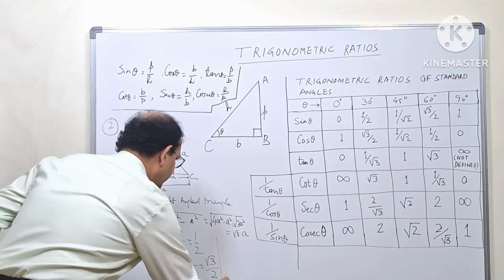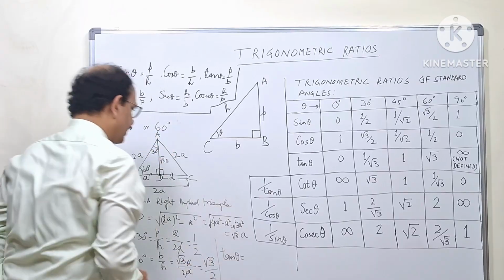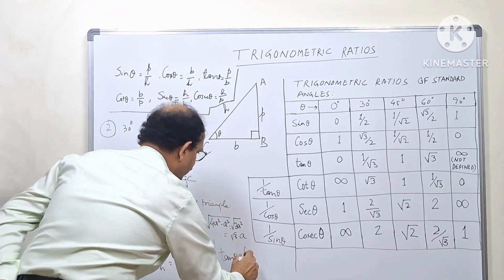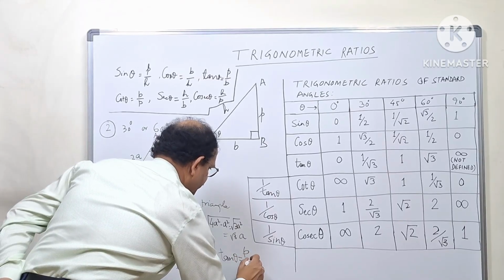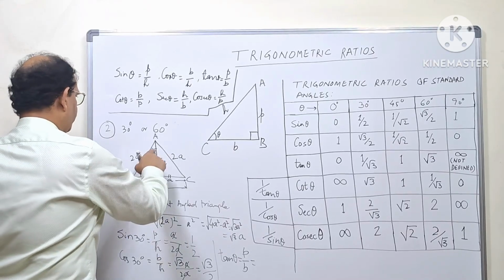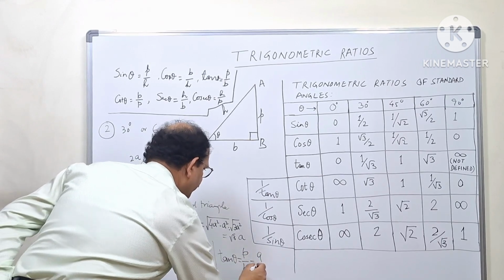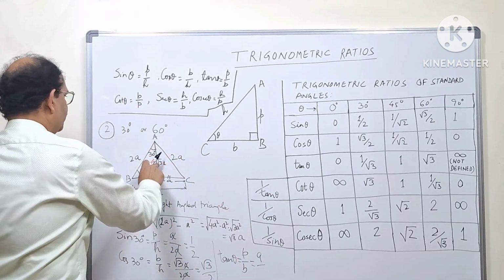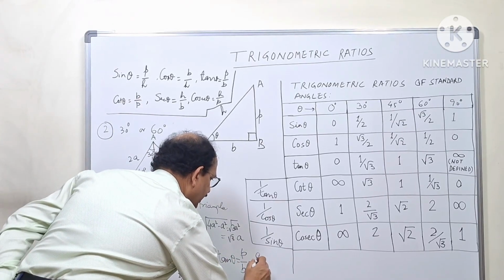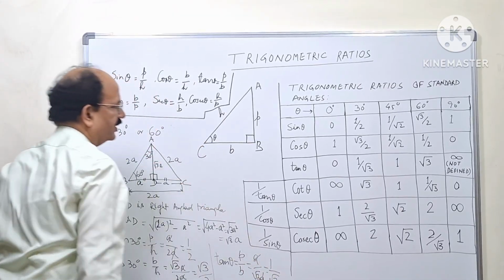What about tan 30 degree? Tan 30 degree will be equal to perpendicular by base. Perpendicular, opposite to the angle of reference, is a, divided by base. Base is root 3 times a. A cancels, and therefore this becomes 1 upon root 3.